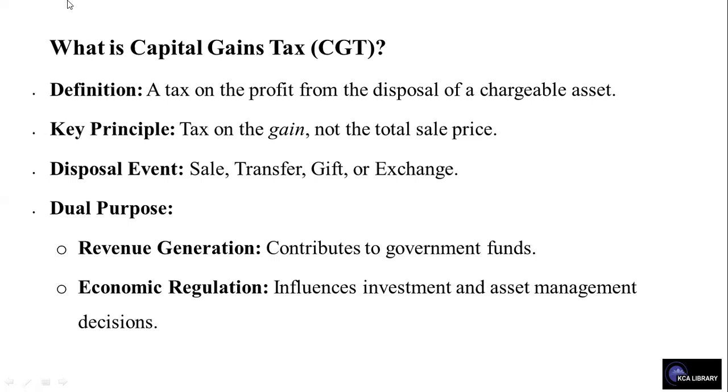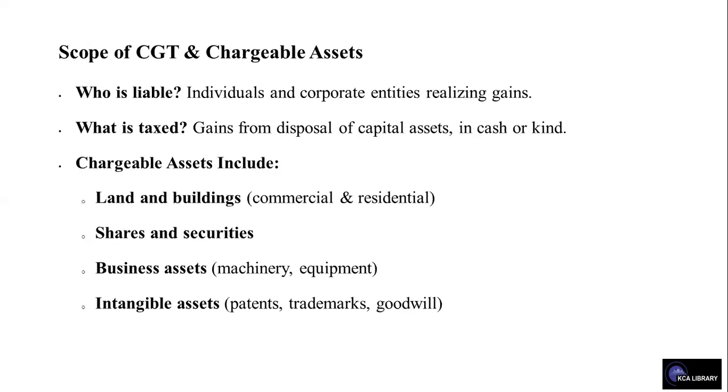asset management decisions. And then looking at the scope, a person who is liable to the capital gain tax is an individual or corporate entity realizing gains on the sales, transfer, or exchange in whatsoever way of an asset.